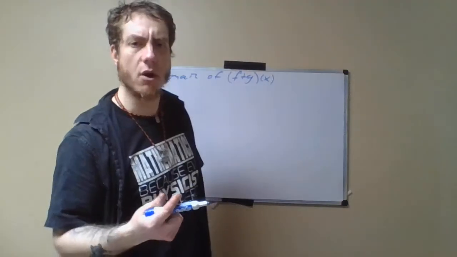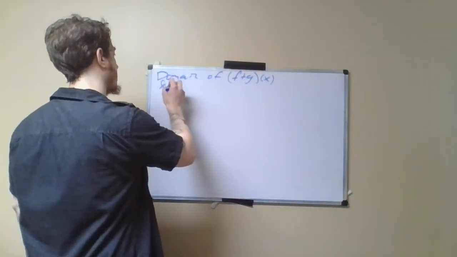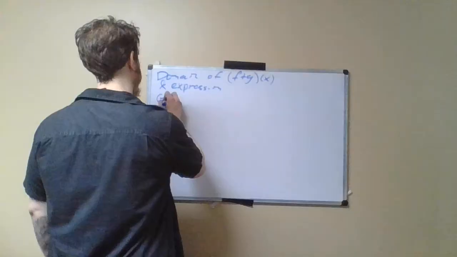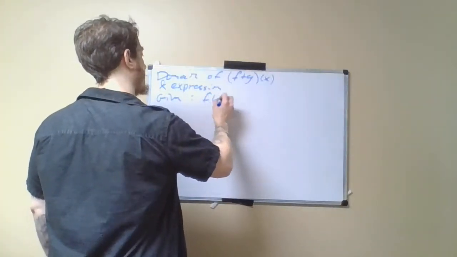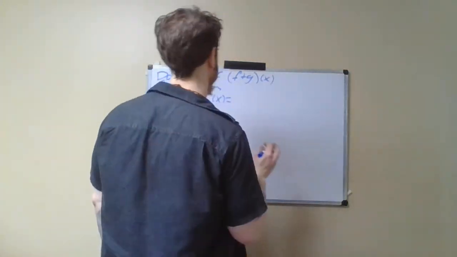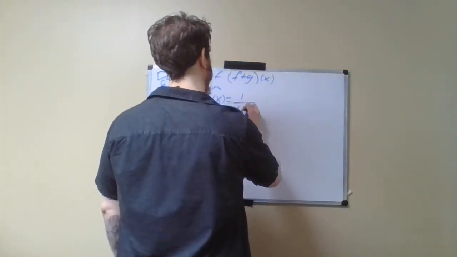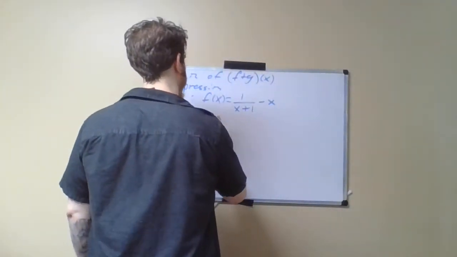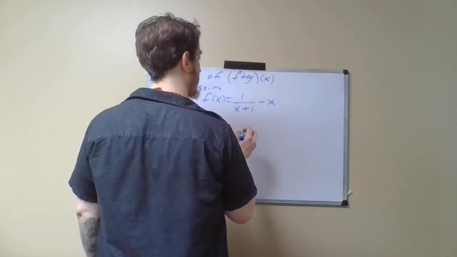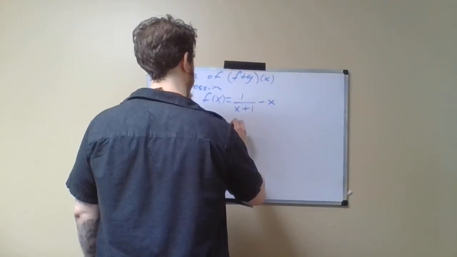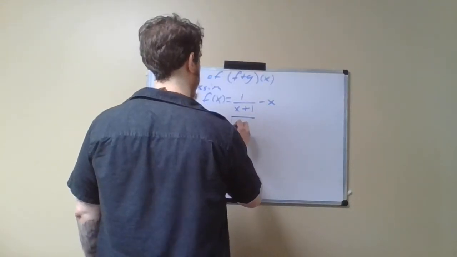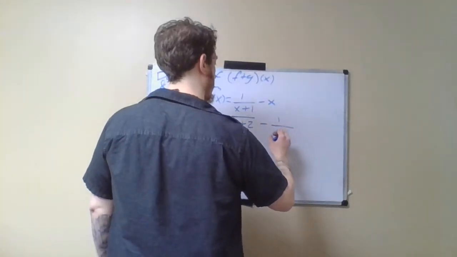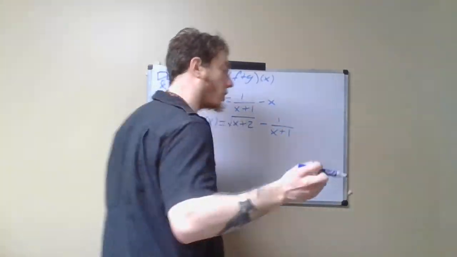And while you're finding the domain, also find the expression for f plus g of x, given f of x is equal to 1 over x plus 1 minus x, and g of x is equal to the square root of x plus 2 minus 1 over x plus 1.